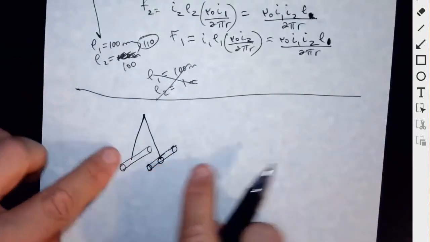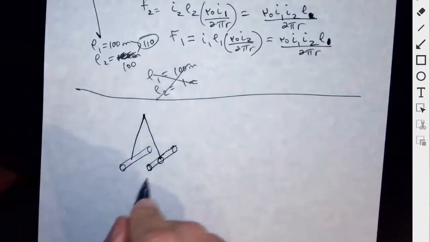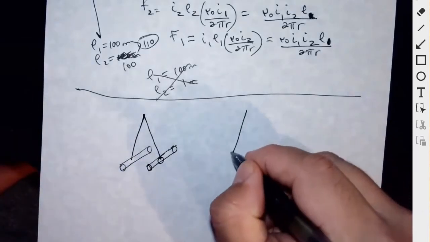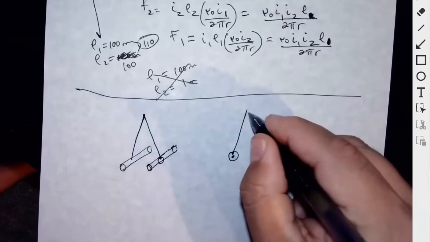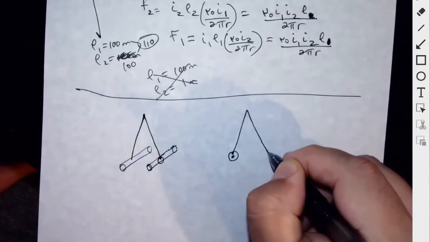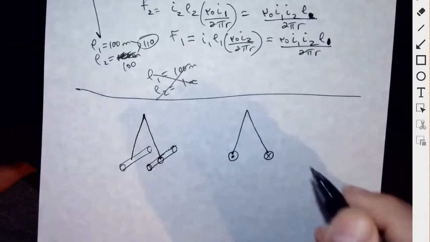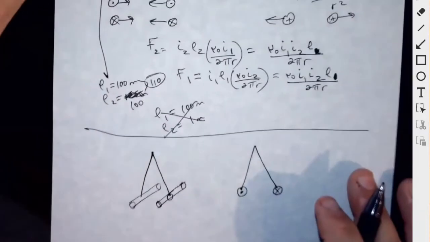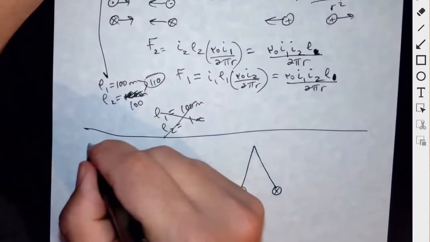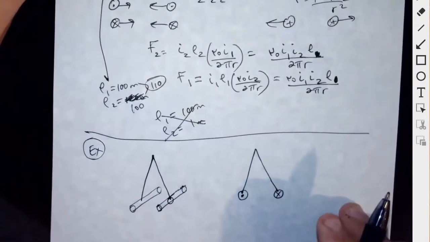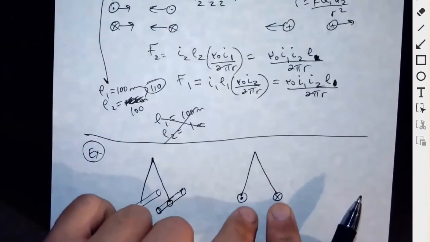and then they start repelling each other. So from the end view, it looks like this: a wire this way and a wire this way. Would they repel each other? Let's see. I always forget too.